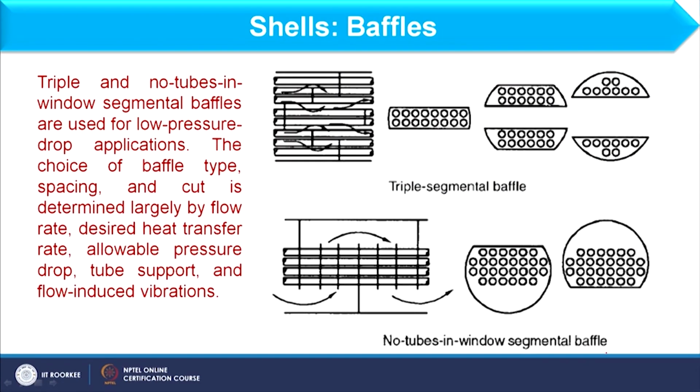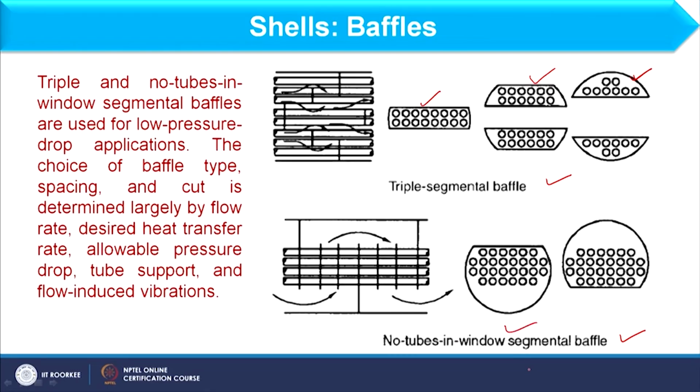Apart from this, we have triple segmental baffles also and the no tube in window segmental baffle, right. So, in the triple segmental baffle we have 3 different sets, one set is this, then a slightly larger one, and then the larger diameter one, okay. So, we have a triple cut over here. We consider this as triple segmental, and here we have no tube in window.